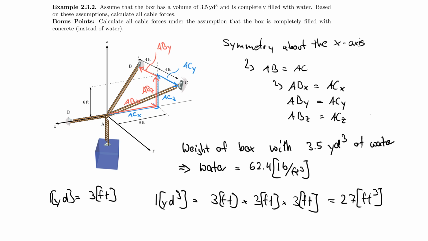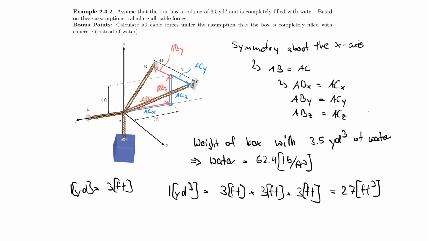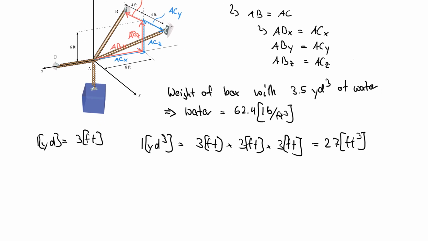And now you can use that 27 foot to calculate how heavy this box is, right? Because now your box is 62.4 pounds per cubic foot multiplied by 27 cubic foot per cubic yard is the way to write this.